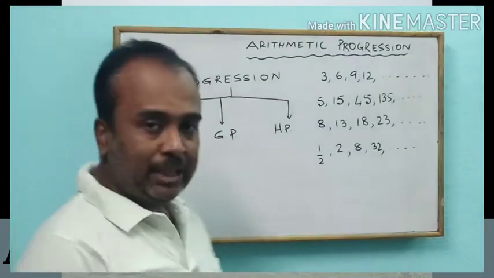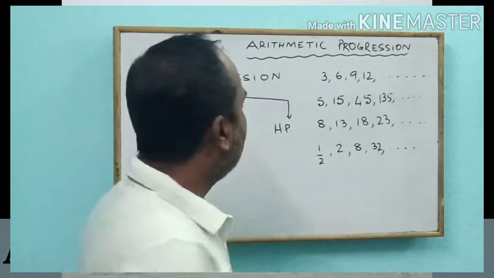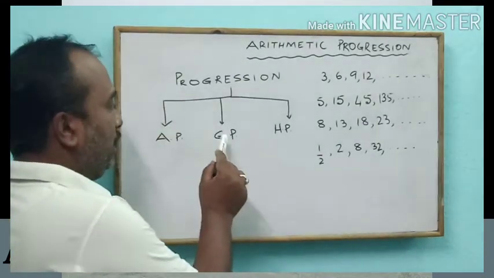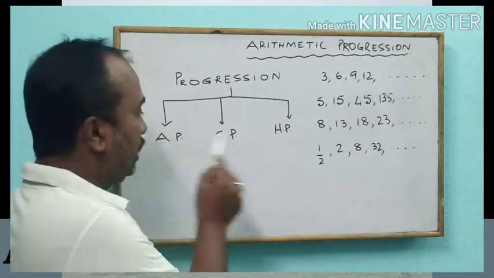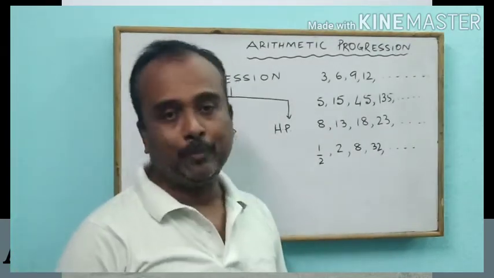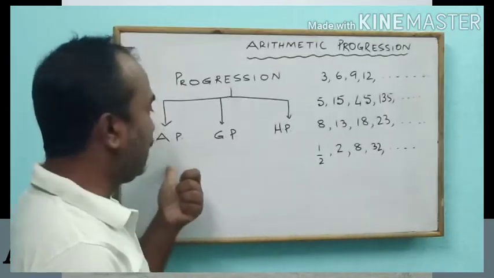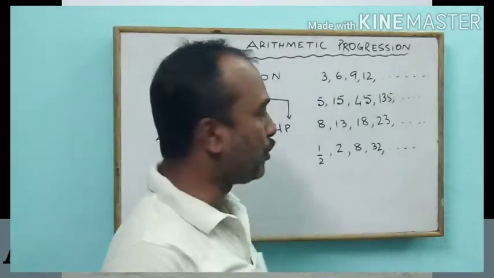So this progression has been divided into 3 basic types. They are arithmetic progression, known as AP in short, geometric progression, GP in short, and harmonic progression. In your course of ICSE, we have arithmetic progression and geometric progression.